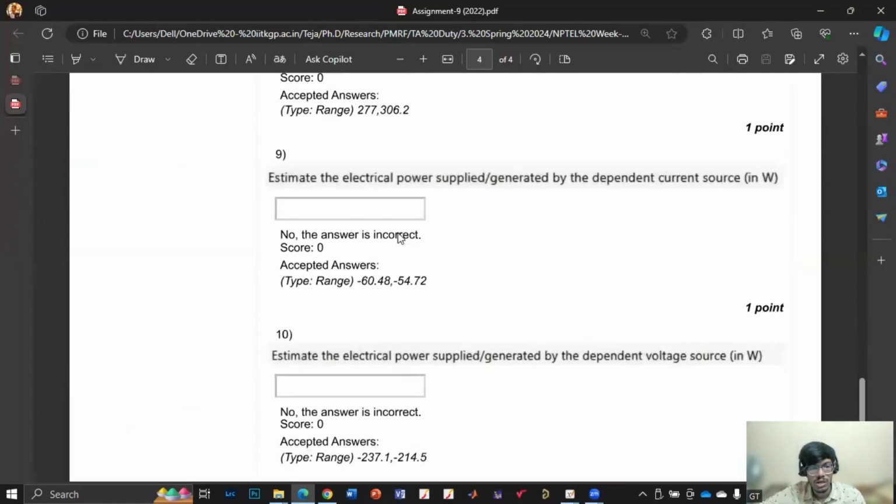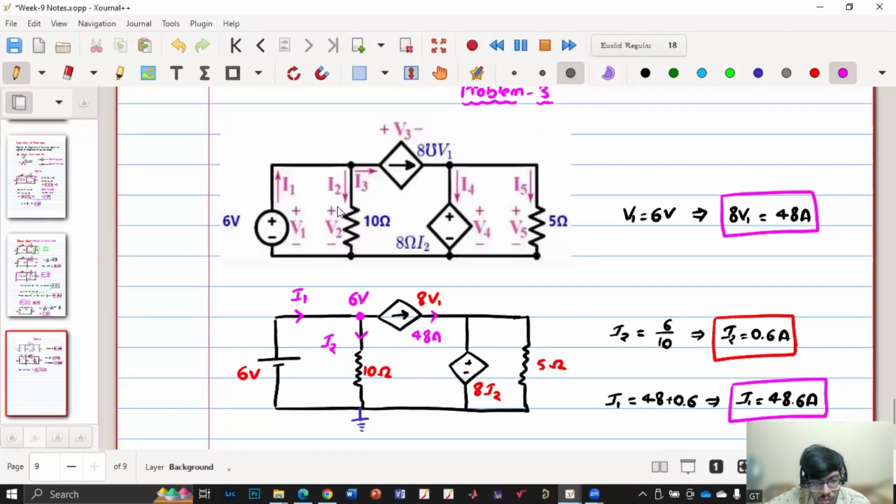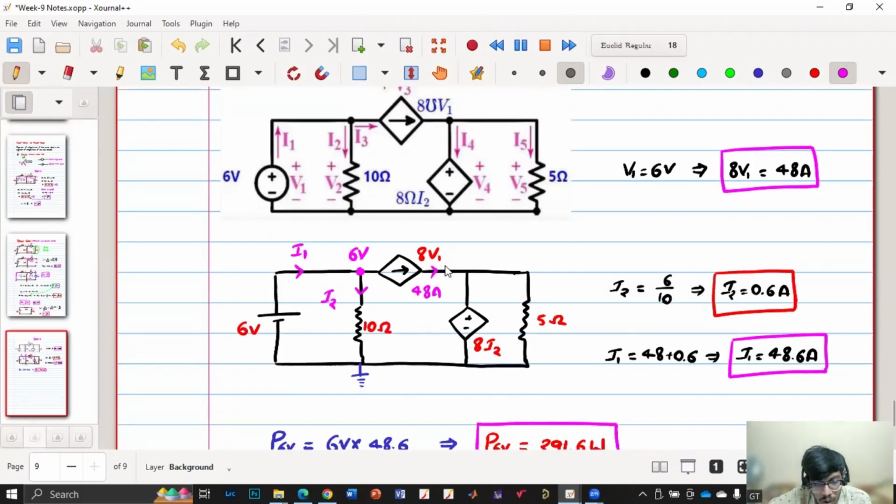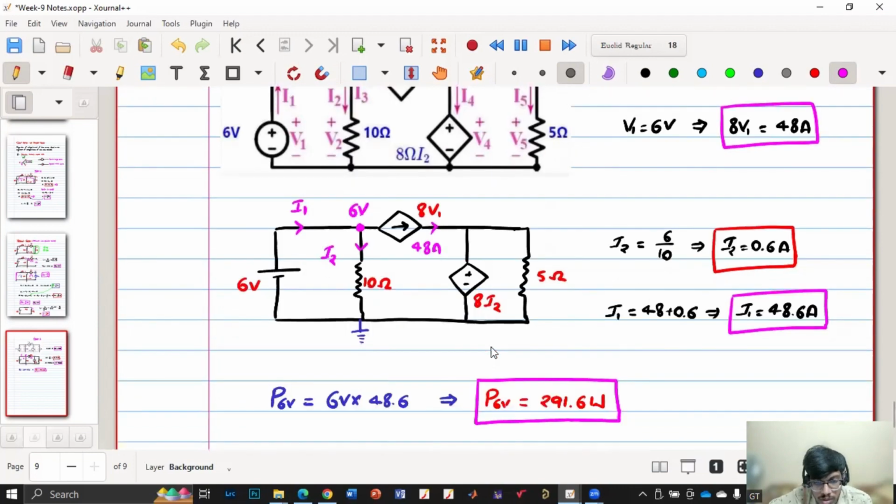Now we have to know the power supplied or generated by the dependent current source and the dependent voltage source. So now we need to find the voltage across this source. Now, what is I2? 0.6. So what is 8 I2? 4.8.